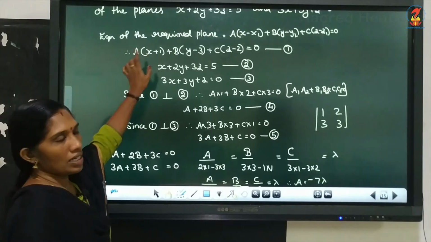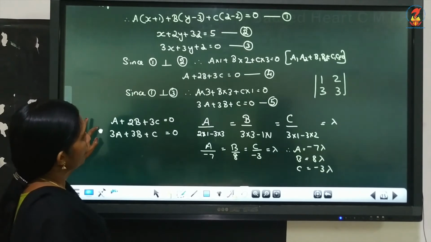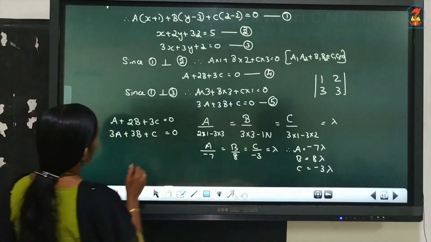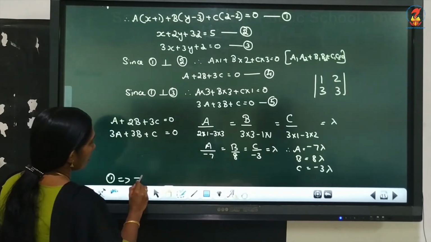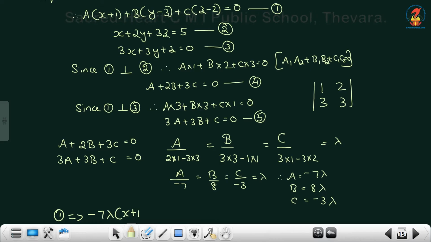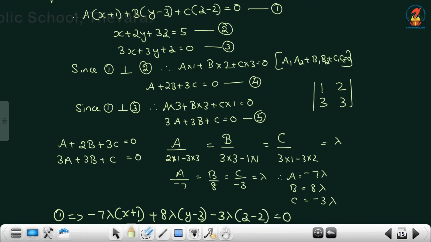So equation 1 becomes minus 7 lambda into (x plus 1) plus 8 lambda into (y minus 3) minus 3 lambda into (z minus 2) equal to 0.